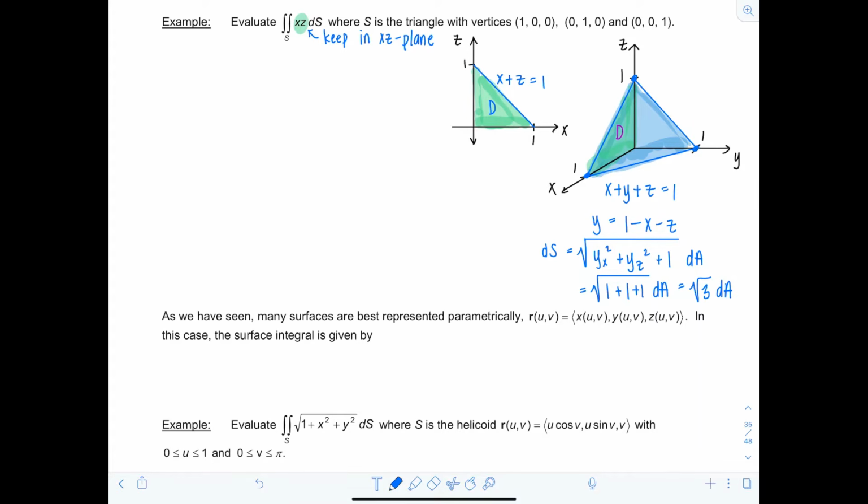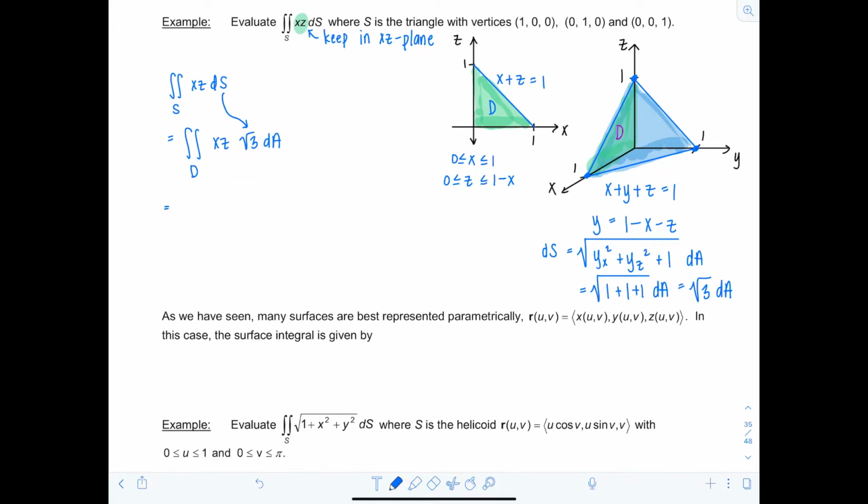In this case, I'll just put the limits for x on the outside. So x is going to be bounded between 0 and 1. And then z is going to be bounded above by 1 minus x and below by 0. So let's go ahead and set up our integral. So our double integral over S, our surface integral of xz dS, becomes the double integral over D of xz, and then I'm going to replace dS with rad 3 dA.